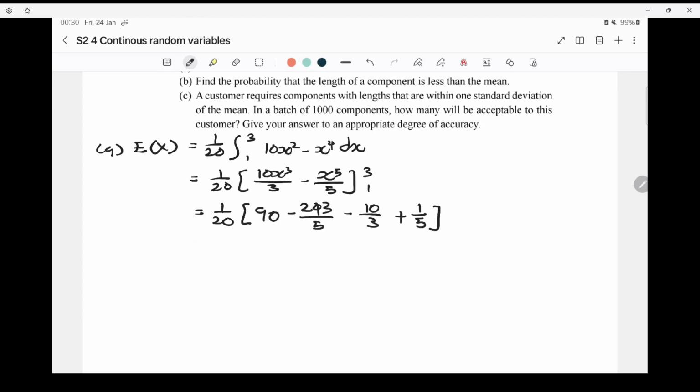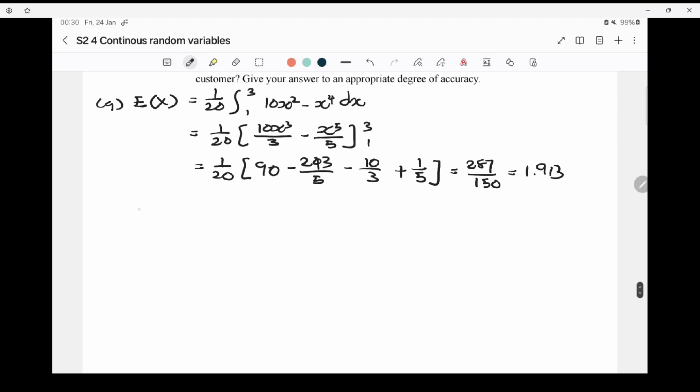So this will be 287 over 150, or roughly 1.913.